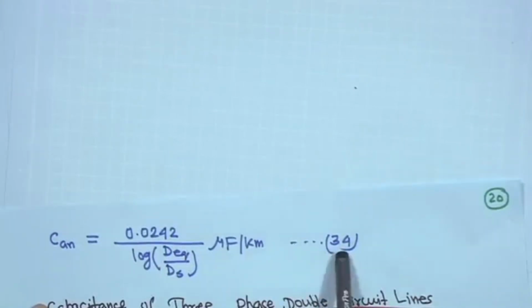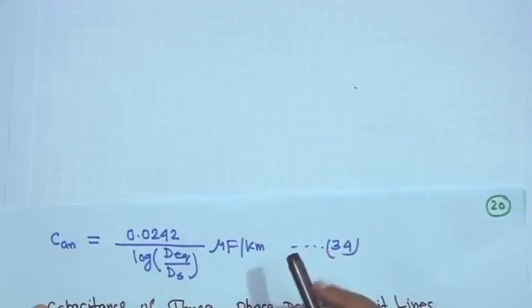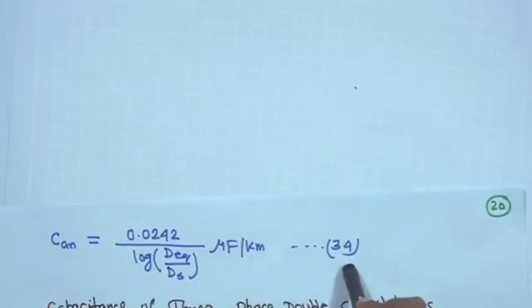This is equation 34. We write d upon r for equilateral spacing, but if you have that kind of configuration, generally we write log dEq upon ds microfarad per kilometer. This is equation 34. So, thank you.